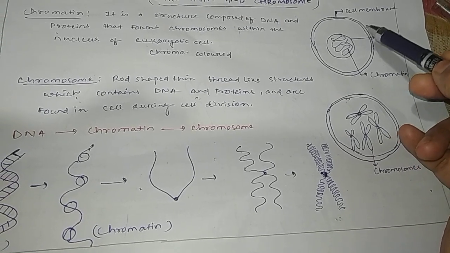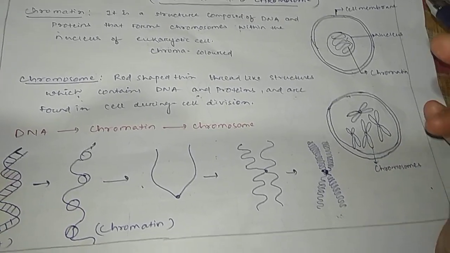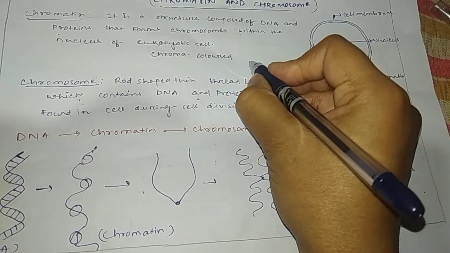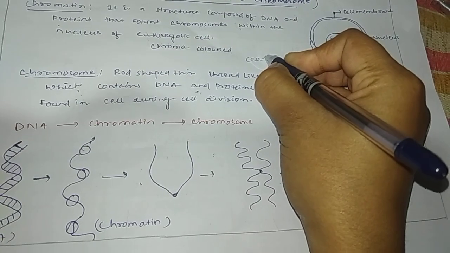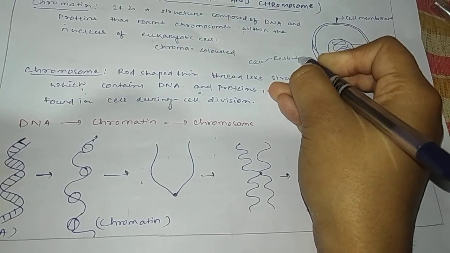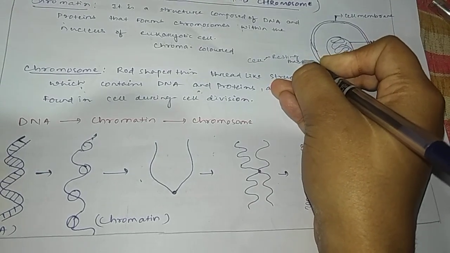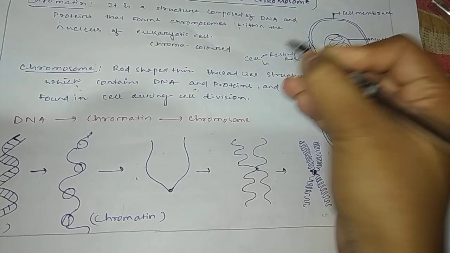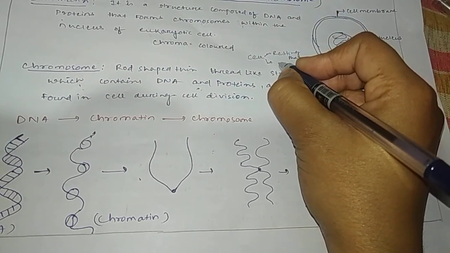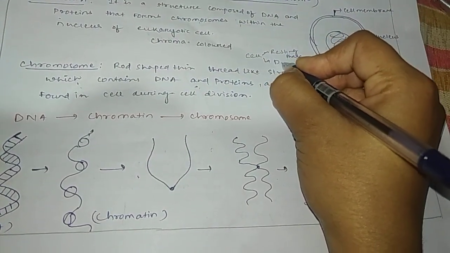This is when the cell is not dividing at all, called the resting phase. That means a cell can either be in its resting phase, which means it is not dividing, it is growing, or it can be in the dividing phase.